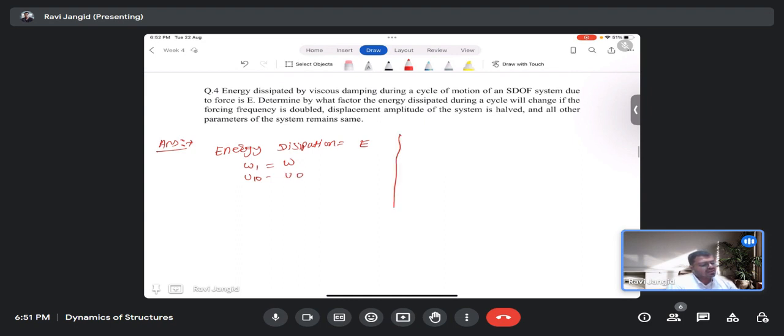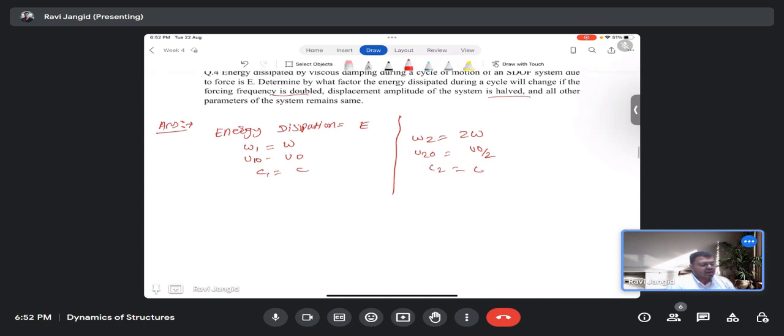What happens if my omega 2 becomes 2 omega, so the frequency is doubled, and the displacement amplitude of the system is halved, so u2 naught is u naught by 2, and all the other parameters are the same, c1 equals c and c2 equals c.